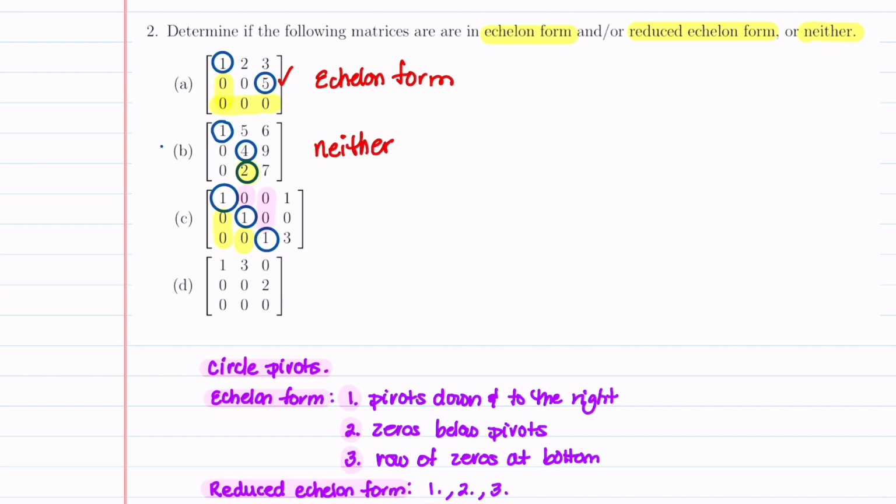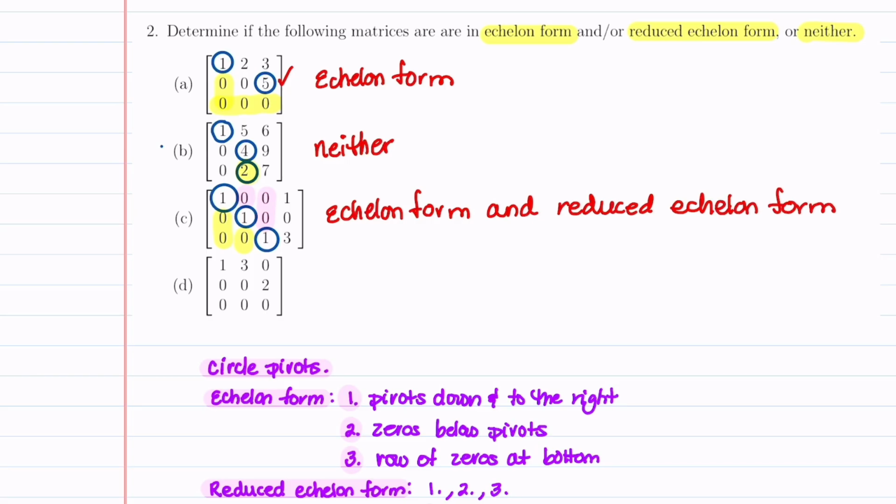So that's going to tell us that this matrix is in echelon form and it's in reduced echelon form. Whenever a matrix is in reduced echelon form, it's also in echelon form.